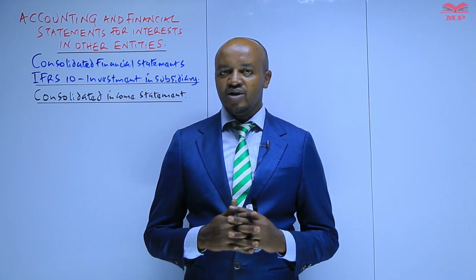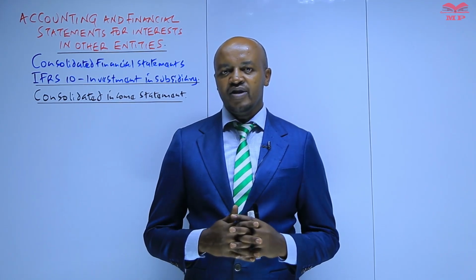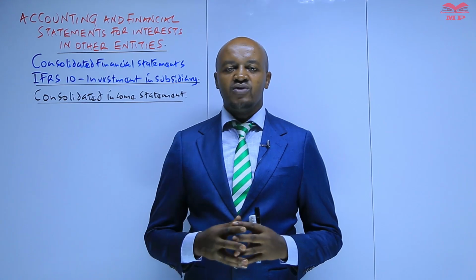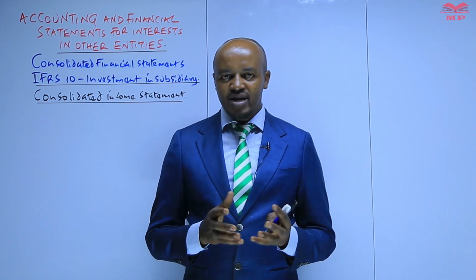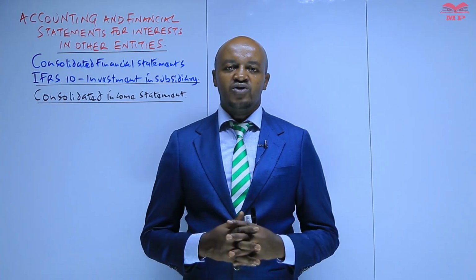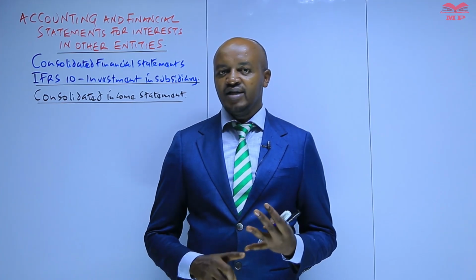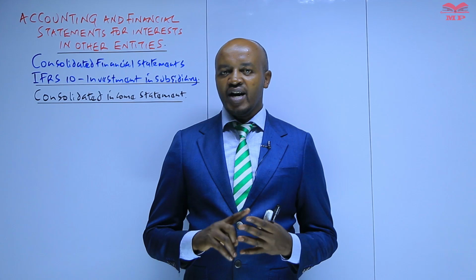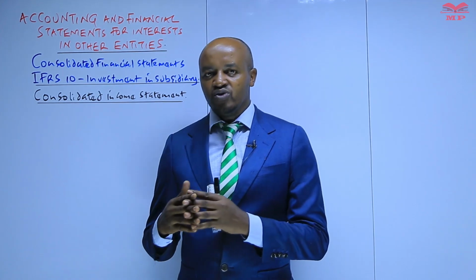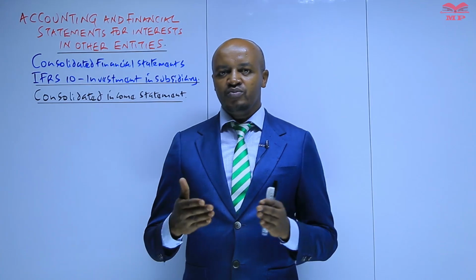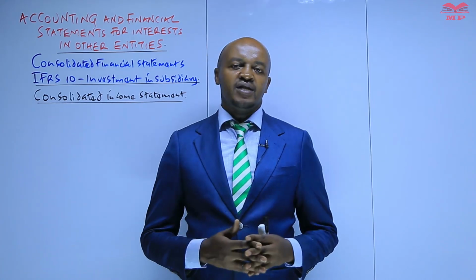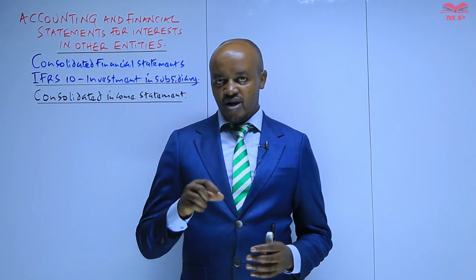Therefore, the parent company is required at the end of each financial year to prepare the group account, or the consolidated financial statement, by combining or adding together similar items of assets, liabilities, revenue and expenses, those of the parent and those of the subsidiary. And so far we have been able to see how to prepare a consolidated statement of financial position.